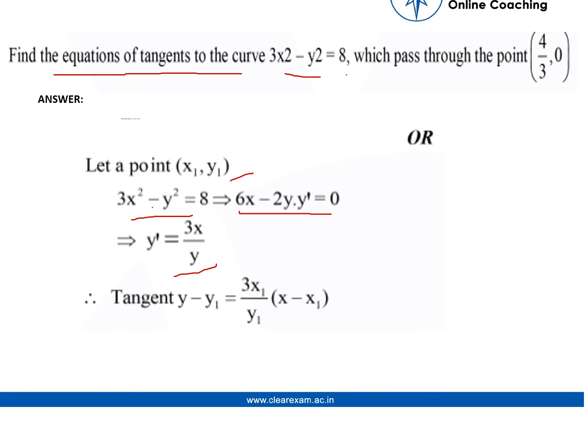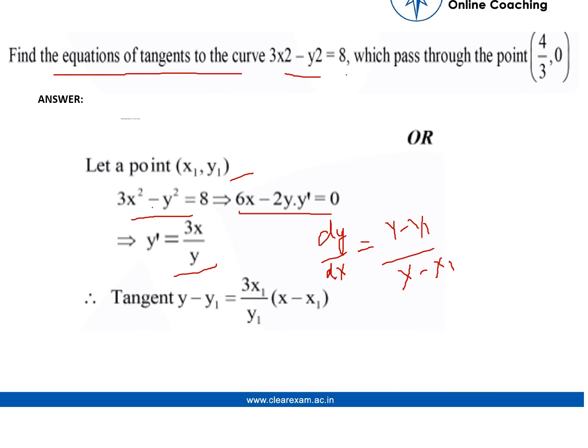Y dash is nothing but dy over dx, which is the slope, and which is again equal to y minus y1 upon x minus x1.